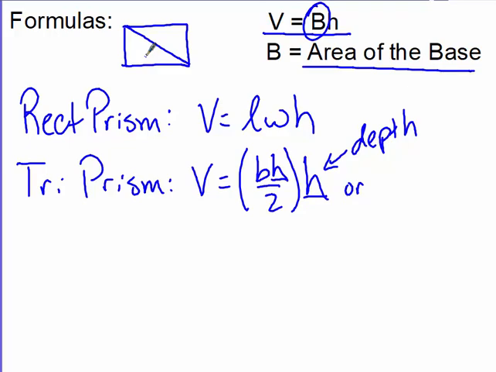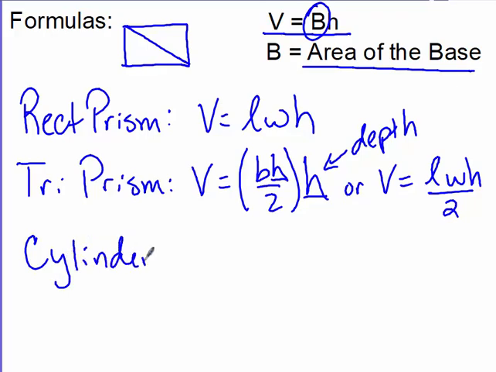Okay, so we could actually write this formula as volume is equal to length times width times height, and then just divide that by 2, and you will end up getting the same answer. I'll demonstrate that when we get to a problem dealing with the triangular prism. And then the last shape that we have is a cylinder. Now a cylinder has circles for bases. So our base area formula is pi r squared, and then we just multiply by how tall it is.